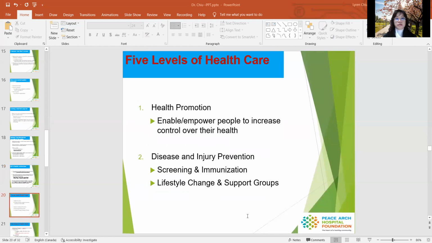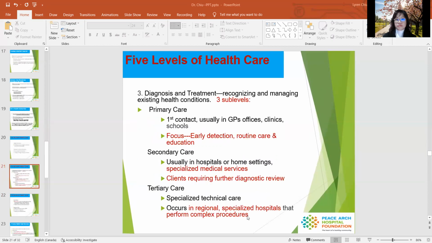There are 5 levels of healthcare I mentioned earlier. They include health promotion, disease and injury prevention, for example, screening, immunization, vaccination, and also lifestyle change and support groups.